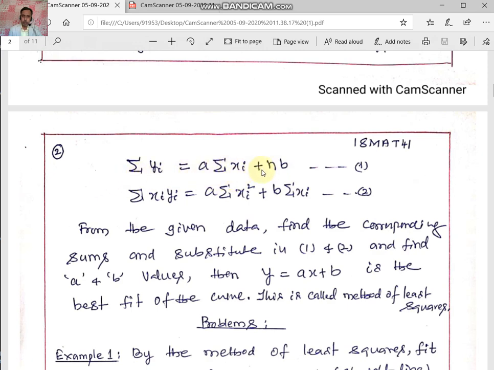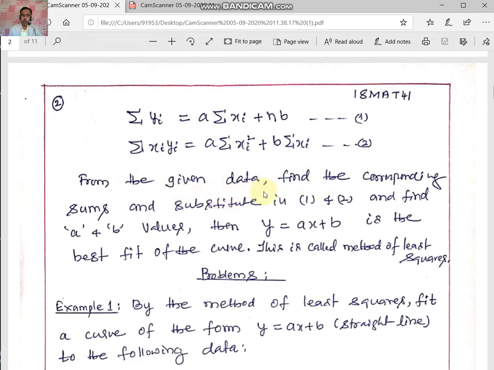This equation will be multiplied by the x variable, or xi variable. So it becomes sigma xi yi equals a into sigma xi square plus b into sigma xi. These equations 1 and 2 are called normal equations. So from the given data, find the corresponding sums: sigma xi, sigma yi, sigma xi yi and sigma xi square.